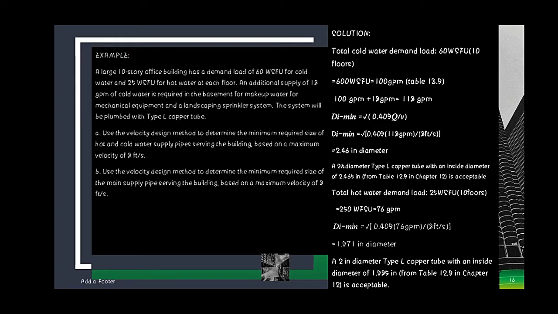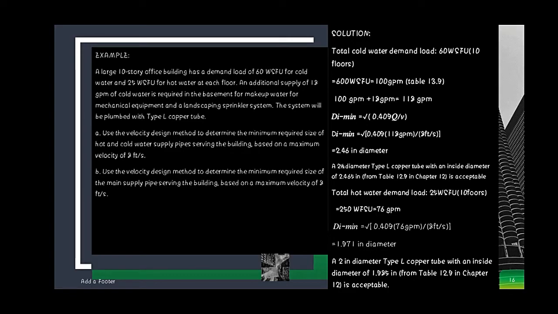And using the formula for the minimum diameter, isa-substitute lang natin yung value, and then pag sinolve natin, makukuha natin ay 1.971 inch diameter. At according ulit dun sa table 12.9 in chapter 12, a 2-inch diameter type L copper tube with an inside diameter of 1.985 inch is acceptable.